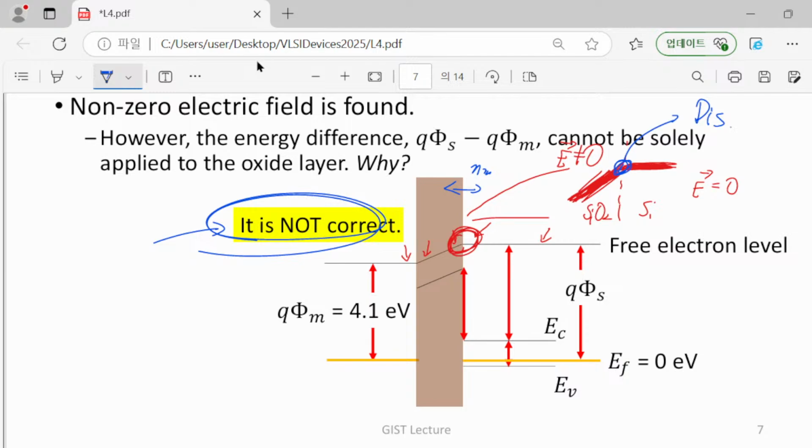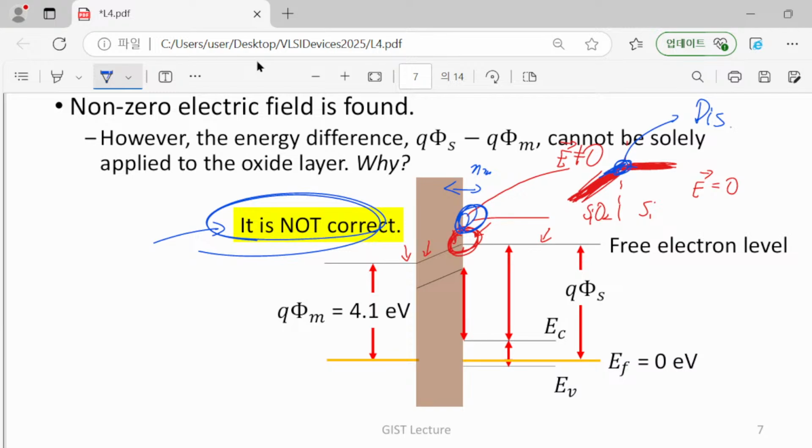So this discontinuity is not allowed. Then what we can expect is that this part here should be changed. Then who can change it?